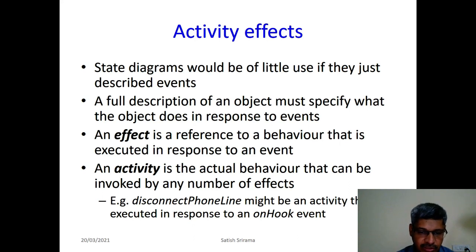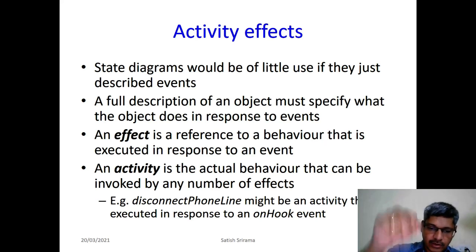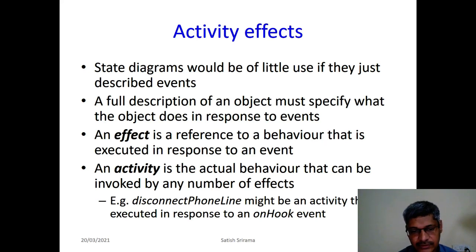Okay, so think about this example. Say, for example, once we are putting the phone on the hook, the on hook event will be executed. Okay, that means you have to come back to the idle state. But when you put the phone on the hook, in the background there can be one activity which is happening: disconnect phone line.